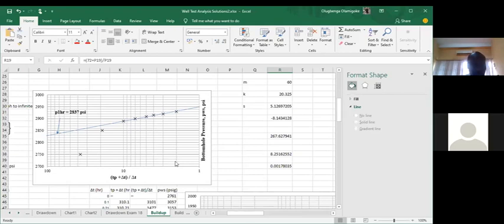Then you pick the pressure at 1. Here, the pressure at 1 lies at 2950. What is the pressure at 10? Here, it lies at 2890.